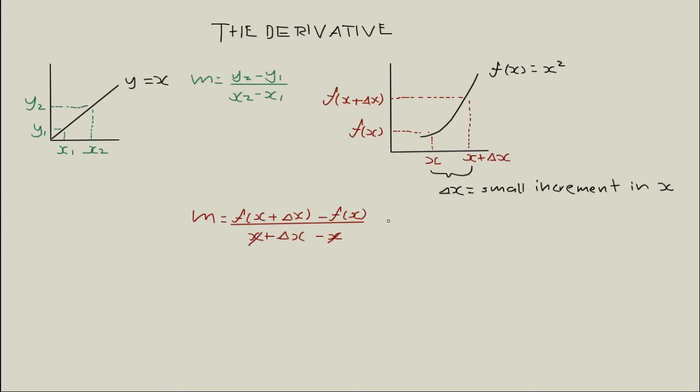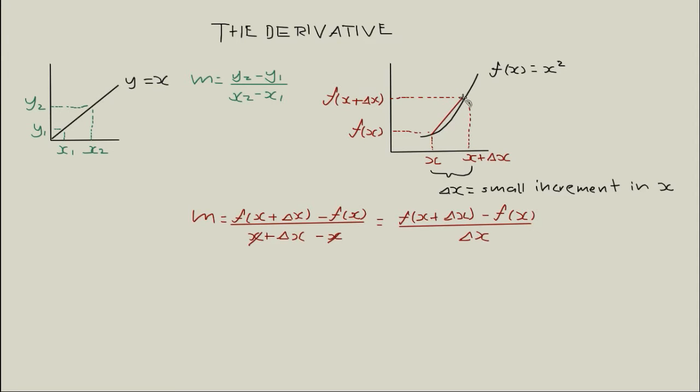We can cancel x with minus x, and we're left with f of x plus delta x minus f of x, all divided by delta x. But this is the slope of the straight line joining the 2 points in that curve.